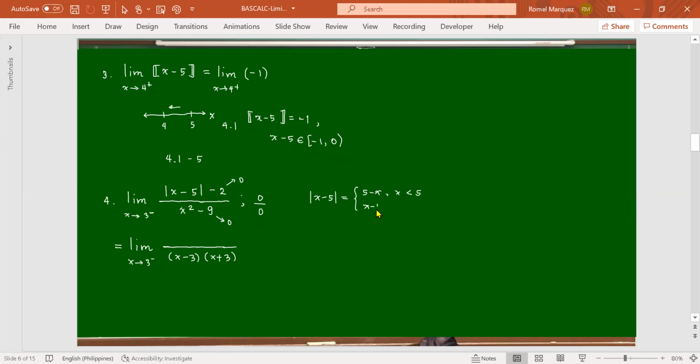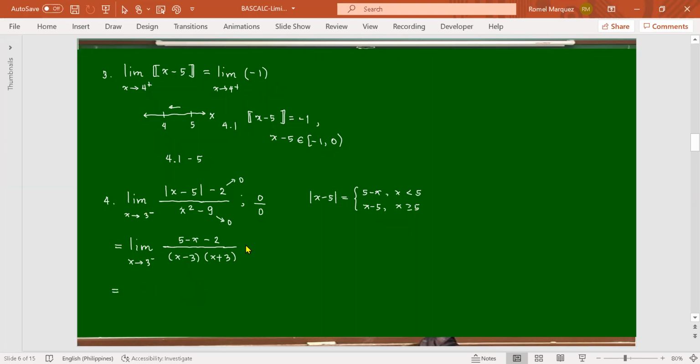It is x minus 5 if your x is to the right ng 5. Okay, guys? Nasa left ba ng 3? Is it less than 5? Yes. No? So, ang gagamitin ko, 5 minus x minus 2. O 5 minus x minus 2 is negative x plus 3.